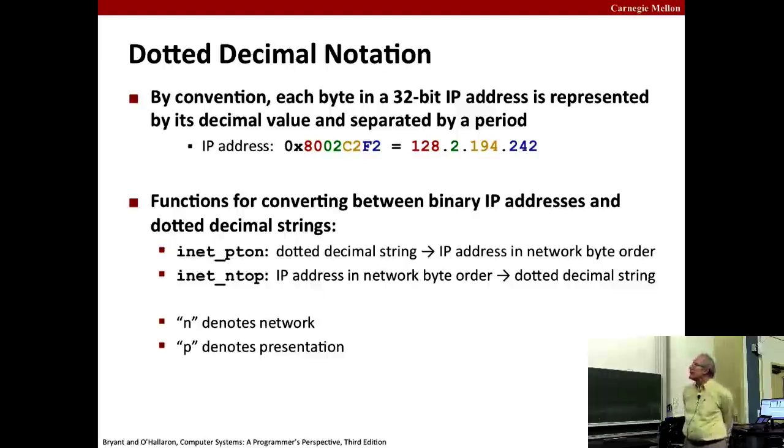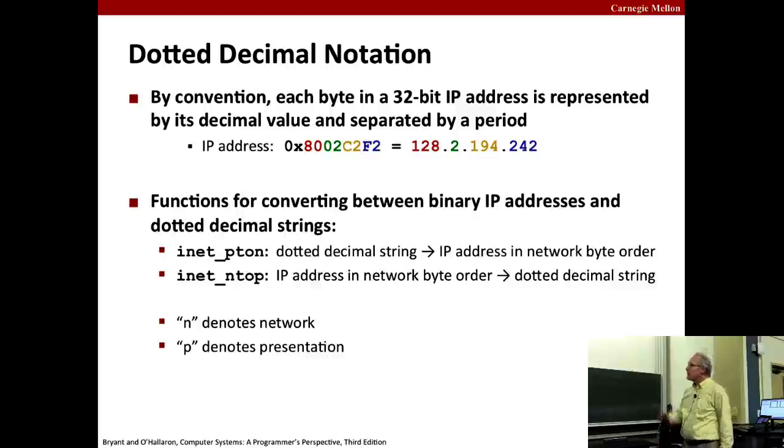So if I were to write in hex, 128 is, of course, 80, so that's the most significant byte of the IP address. Then there's a set of API calls you can use to convert between this dotted decimal format and the actual 32-bit unsigned int.